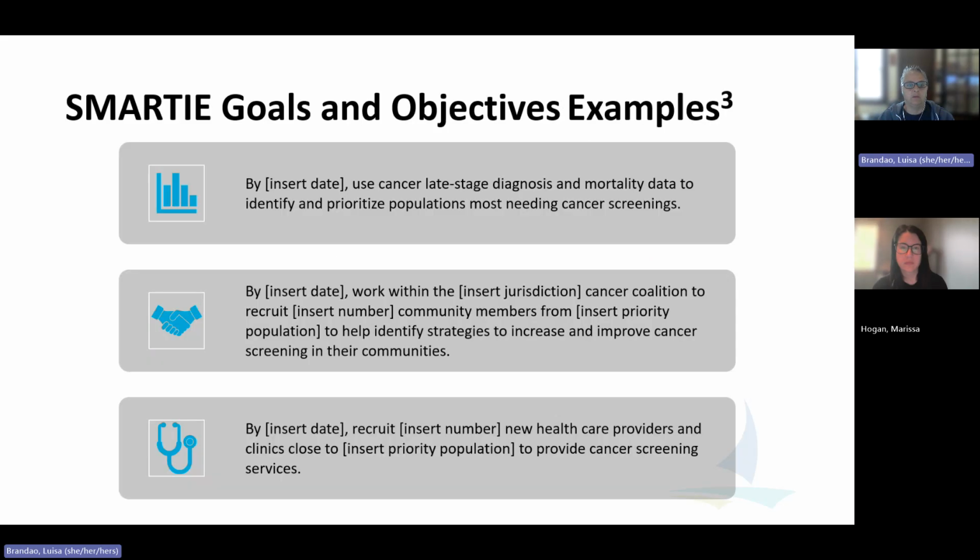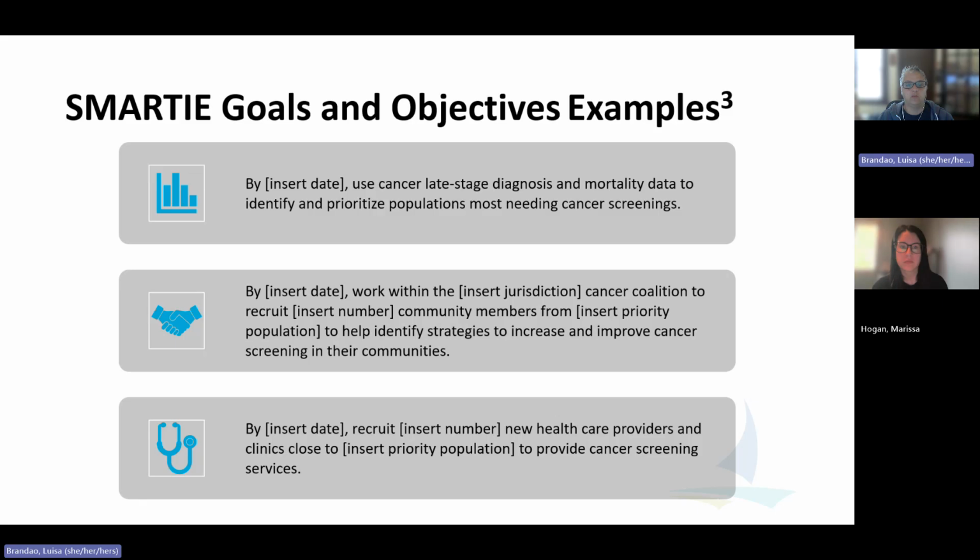And here are some examples of what we were talking about. You could say, by December, use cancer late-stage diagnosis and mortality data to identify and prioritize populations most needing cancer screenings. So this is specific.